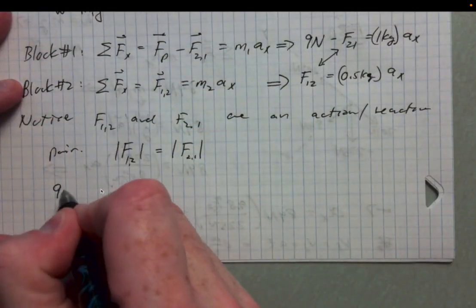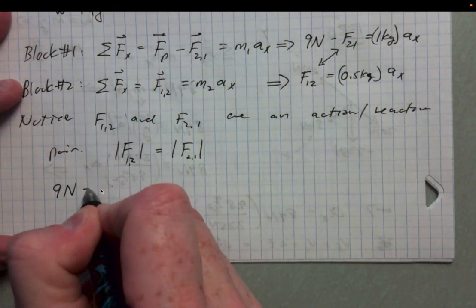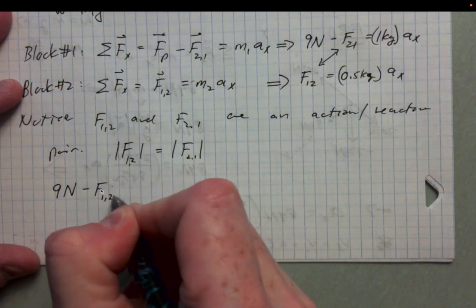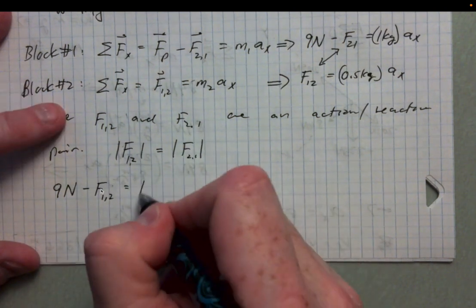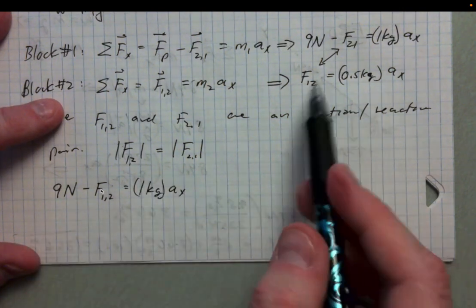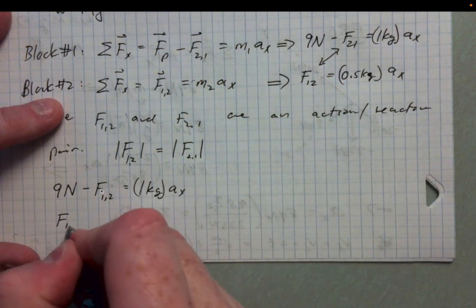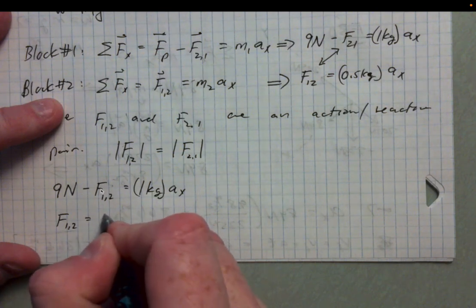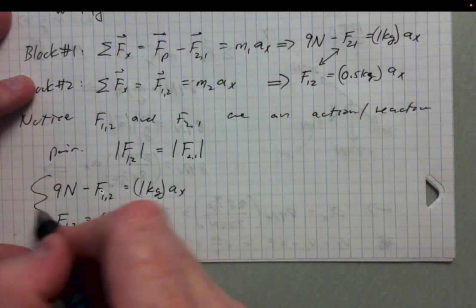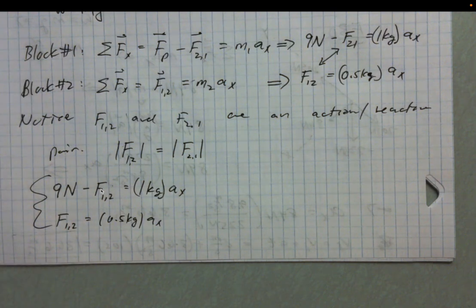The first equation is 9 newtons minus F12 equals 1 kilogram times a sub x. The second equation is F12 equals 0.5 kilograms times a sub x. Is this a system we can solve?